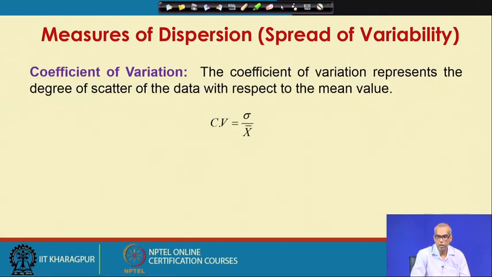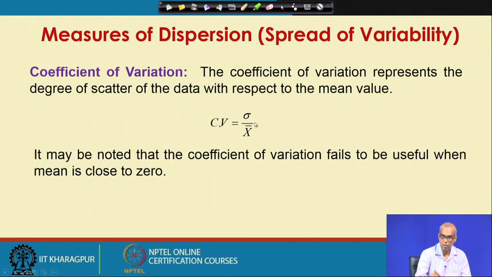Coefficient of variation. The coefficient of variation represents the degree of scatter of the data with respect to the mean value. So, this is the ratio of sigma to mean value.